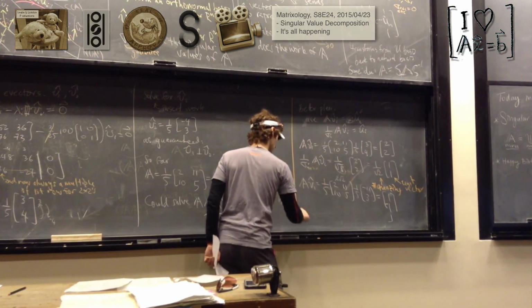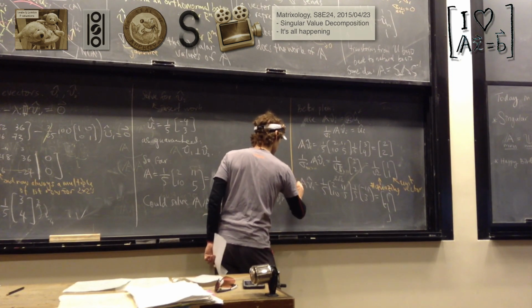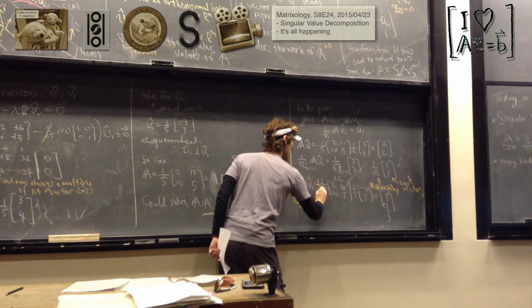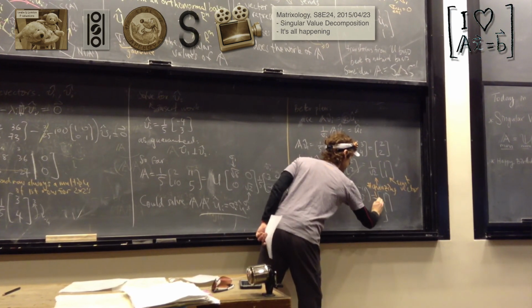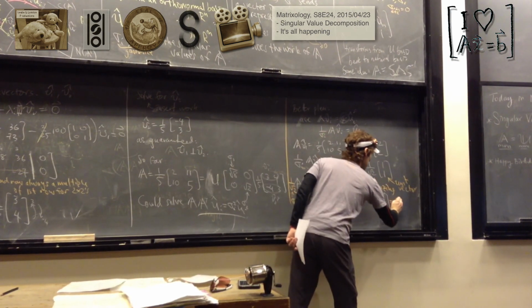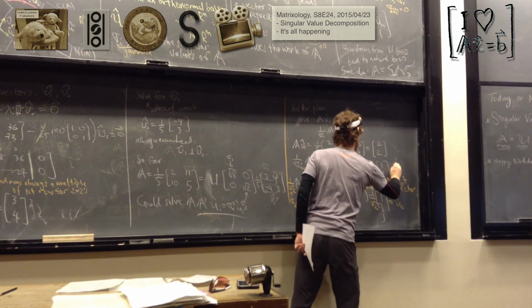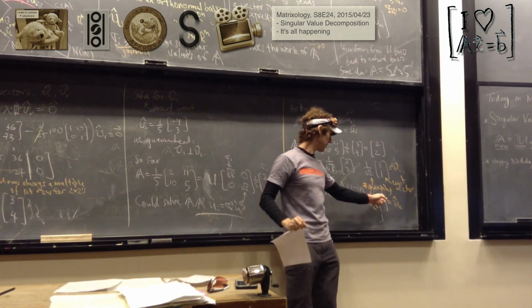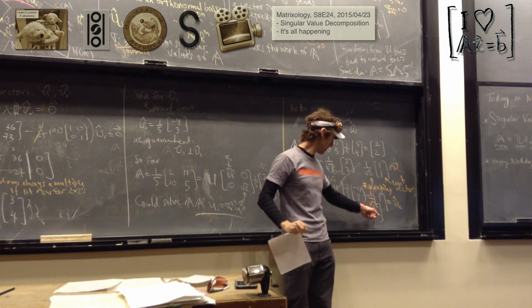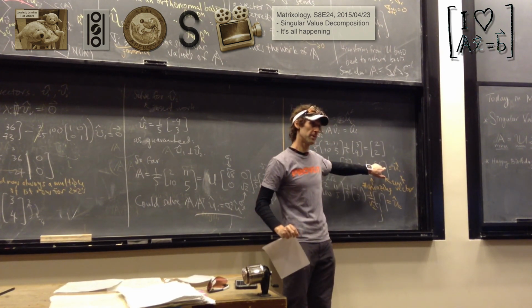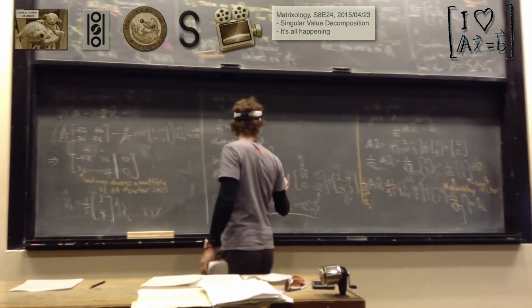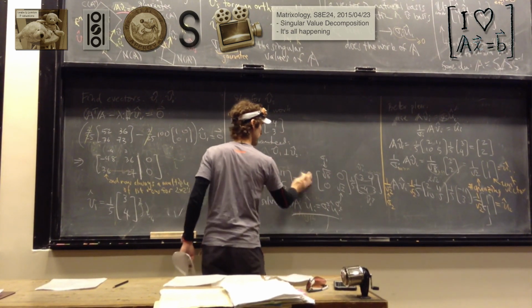And so we divide this all by sigma 2, 1 over root 2. So this is U2 hat, and this is U1 hat. And it works, right? So we have 1, minus 1. This is a unit vector. It's at right angles to this one. So this is a fine basis for 2 dimensions.